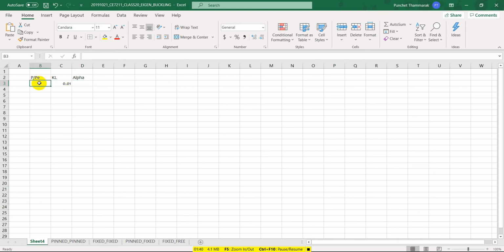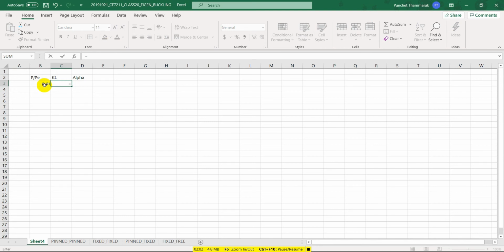Pi square. I will put the P over PE ratio here and then compute the KL. If I don't remember, then just rederive.